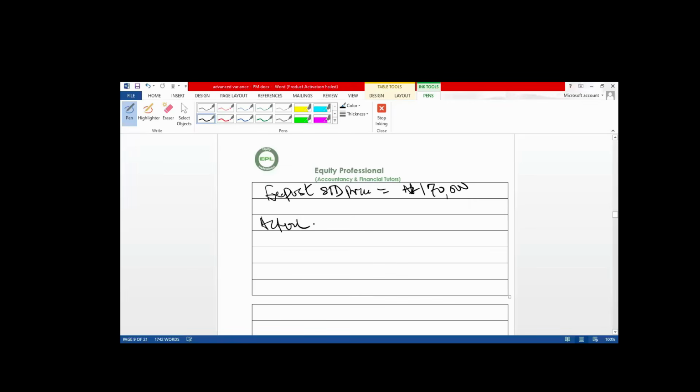Actual production, both plasma and LCD, is 1,400. That means actual material purchase is 1,400 component X. We produce 1,400, and to produce 1 unit of TV, you require 1 unit of material X. That means the actual component X purchase is 1,400 units.